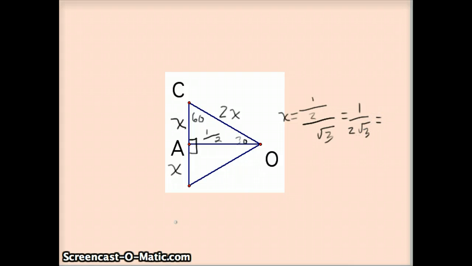And if you do that on a calculator, you would get x equals, rounded, 0.288675.